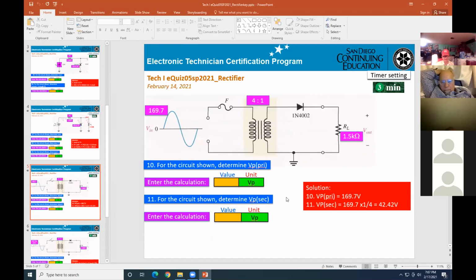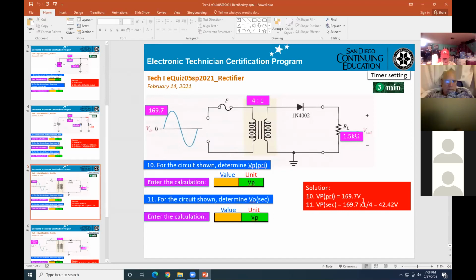10 will be 169.7, VP primary. That means they're asking about the primary right here. And the secondary will be 42, 42.